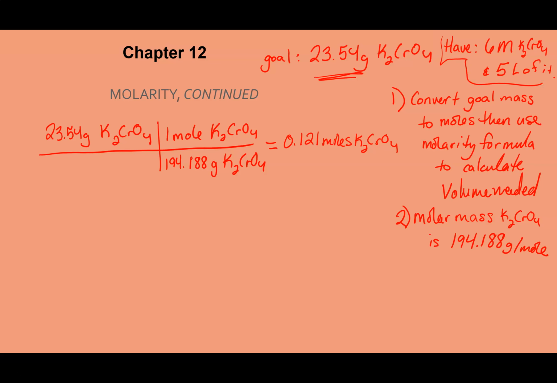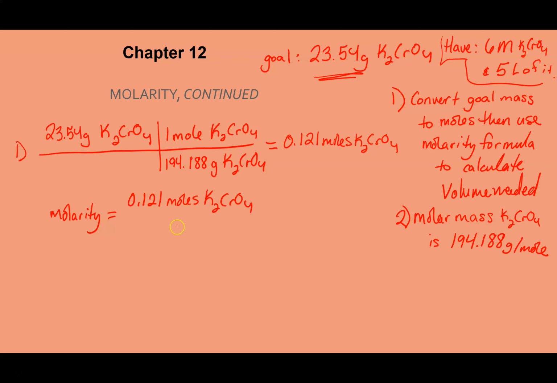Now we have a lot of it. We're not going to use 5 liters. We're really going to use quite a bit less. So now we're going to use the molarity formula. We know that the molarity of the solution is 6 molar, but we also know that instead of 5 liters, we want 0.121 moles of K2CrO4.